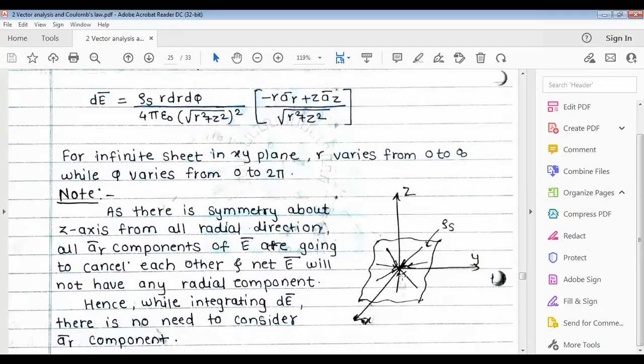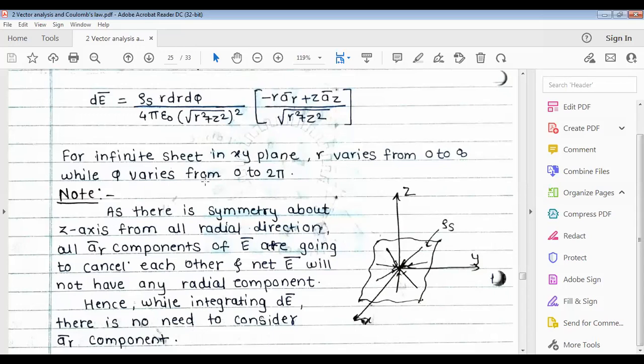When we go in all directions, the incoming and outgoing components of this E bar, the electric field intensity, get cancelled here.